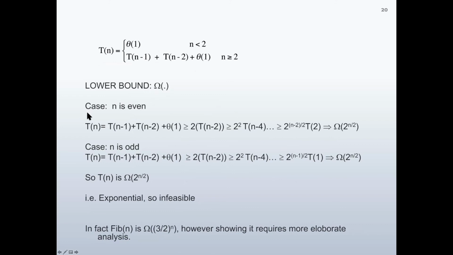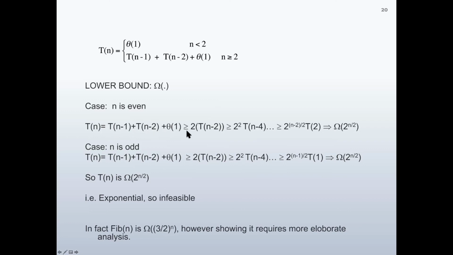We have to consider the case n is even and also the case n is odd. For the even case, T(n) is written as, by using the recurrence relation, T(n minus 1) plus T(n minus 2) plus theta 1.